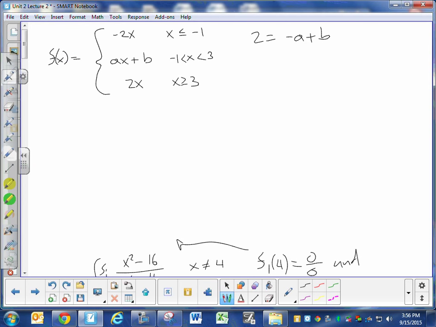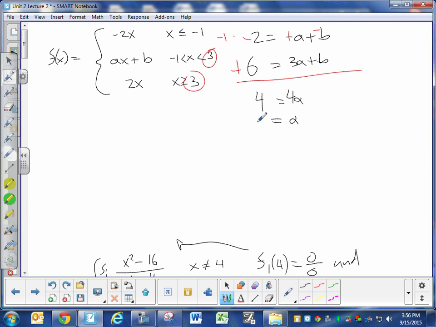And then if I plug 3 into the middle on the bottom, I'd get 3a plus b is equal to 6. Now I notice these are kind of set up so that they're stacked. I will have to multiply one of the equations by a number. I can multiply the top by -1 so that I create opposite b's, add them together, go from there.